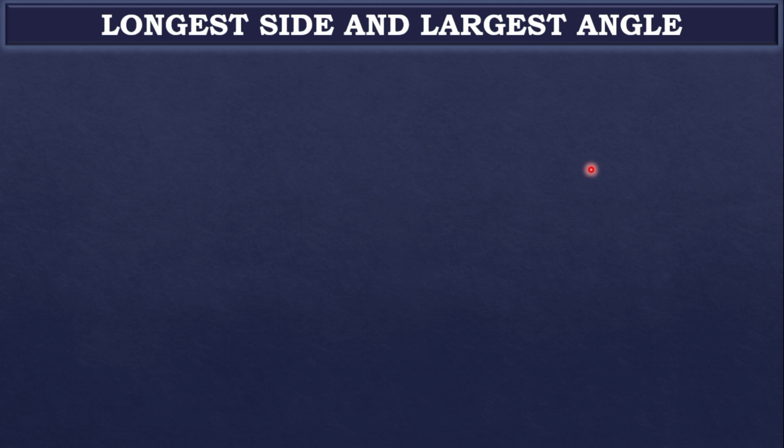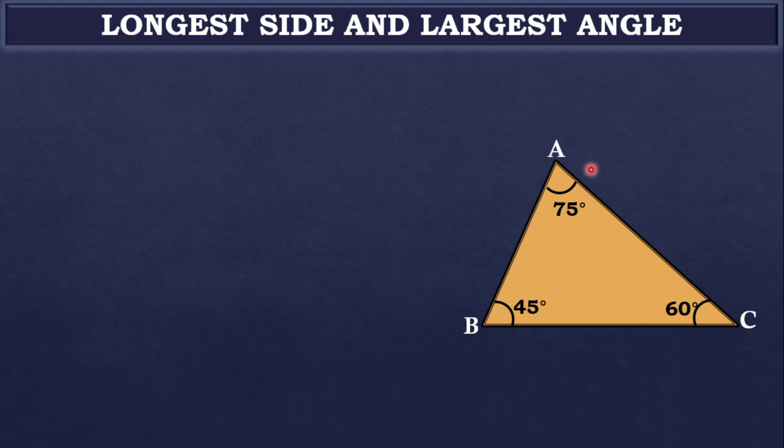Let's talk about the longest side and the largest angle. Ano ba ibig sabihin nito? Halimbawa, given itong measures ng ating angles, paano mo malalaman yung longest side? Ang longest side is actually opposite the largest angle. Ma'am, paano namin malalaman yung longest side? Wala namang given na measures ng sides.